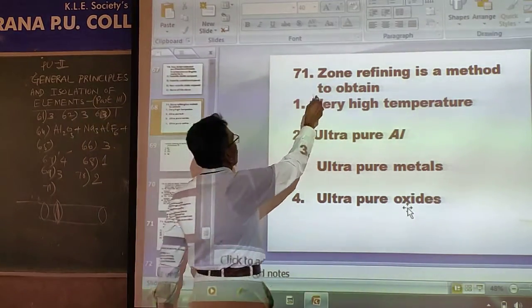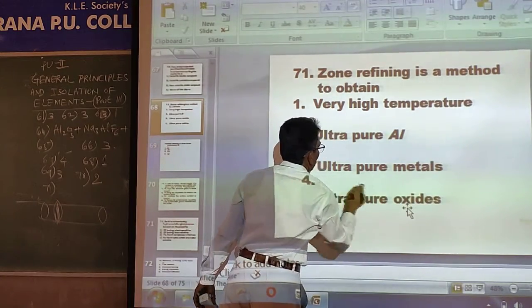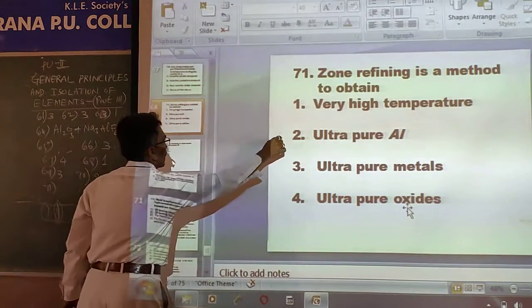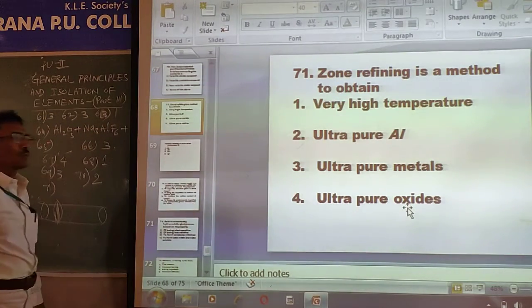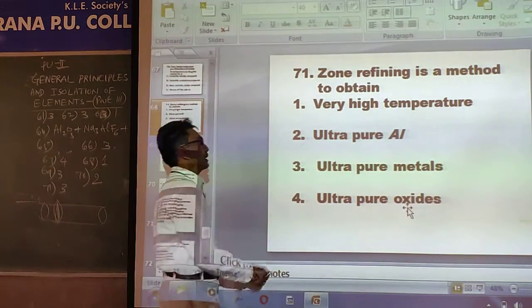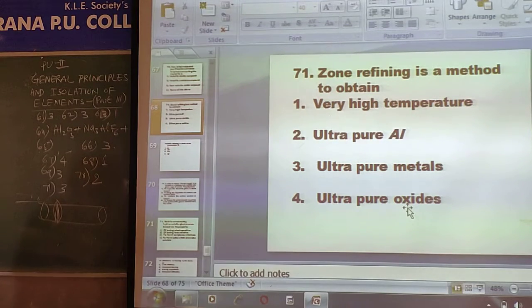This is the principle in zone refining, and it is used to prepare ultra pure metals or semiconductors. Aluminum is not that case, it is not melted in that way. So the answer is 71, third option, ultra pure metals are produced.